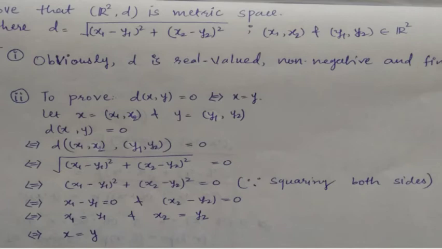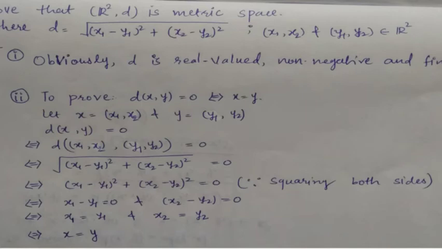When I square both sides, the expression becomes (x1 minus y1) whole squared plus (x2 minus y2) whole squared is equal to 0. When I add two squared numbers and the sum is 0, all the squared numbers are each 0.